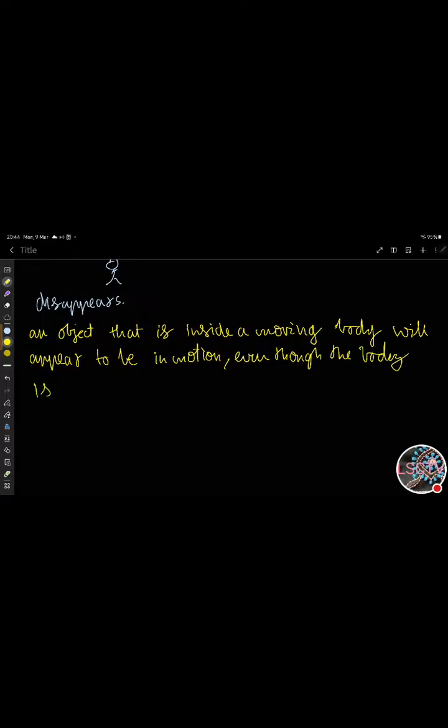This feels confusing, I really know that. But the meaning is simple. Even though a human sitting inside a moving object like a car is at rest, he's sitting, he is not moving, when the car starts moving, the human also appears to be moving to an observer outside.